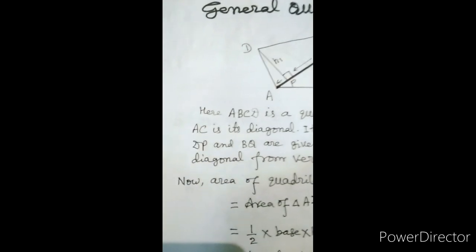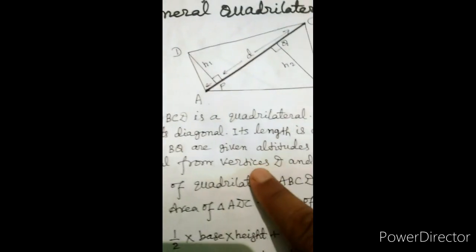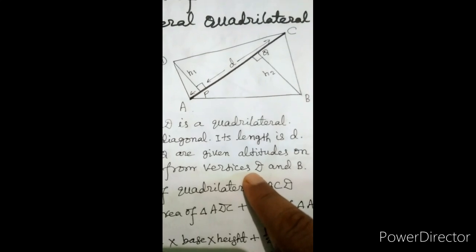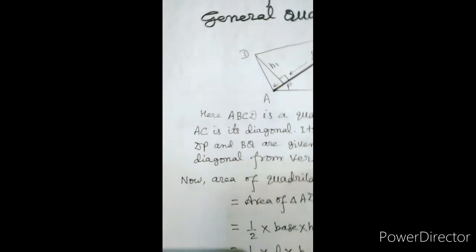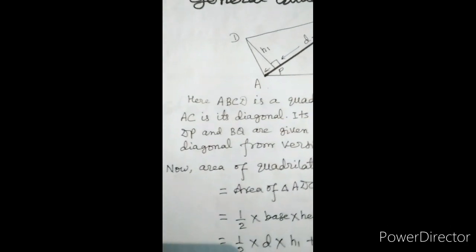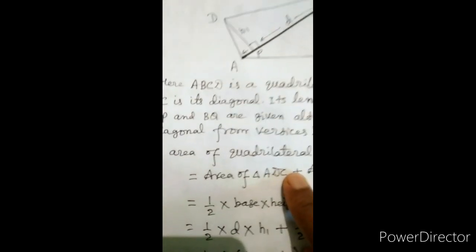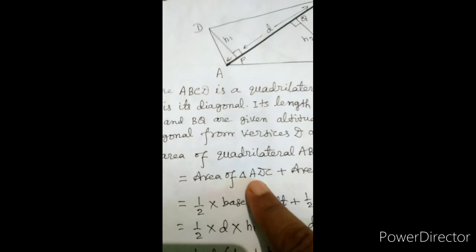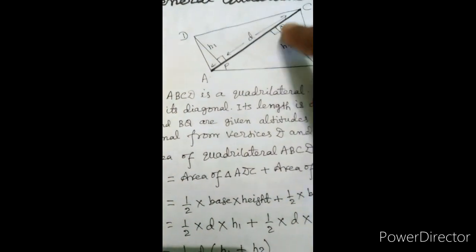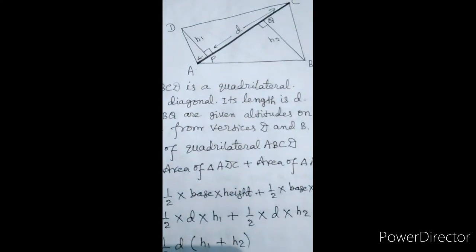Its length is D. DP and BQ are given altitudes on the diagonal from vertices D and B. Now area of quadrilateral ABCD is equal to area of triangle ADC and area of triangle ABC. We will find it and add it.